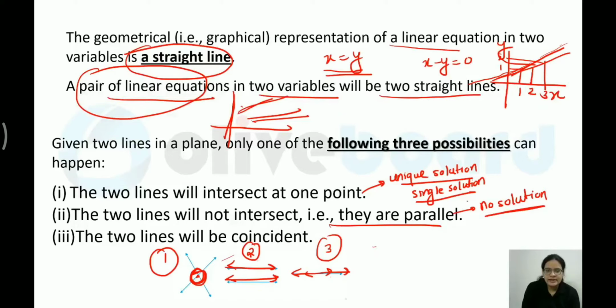I think it is clear. And the third situation is where you have infinite points. Can you see all this part is overlapping? It means I will have infinite solutions.